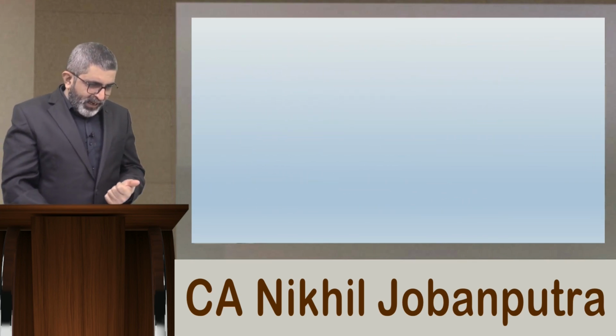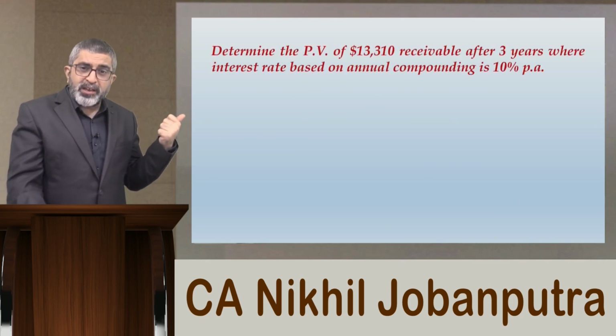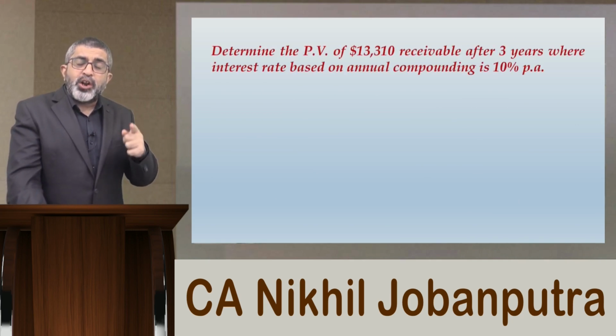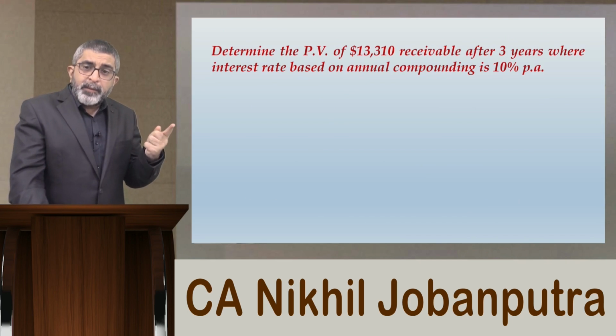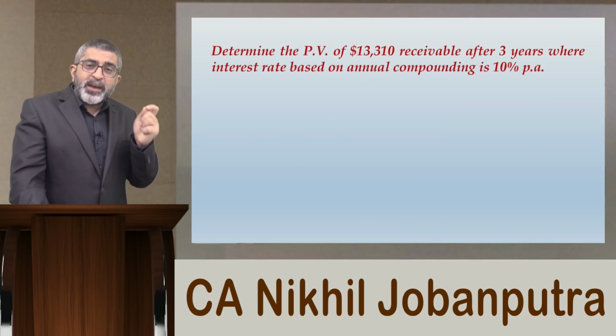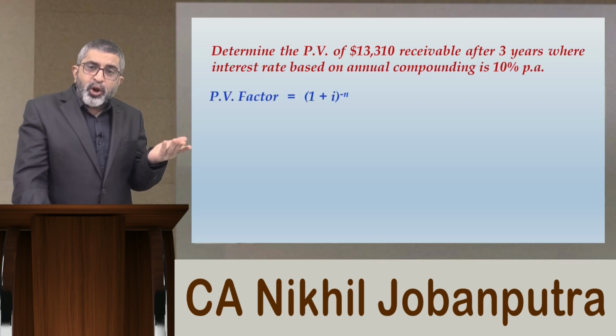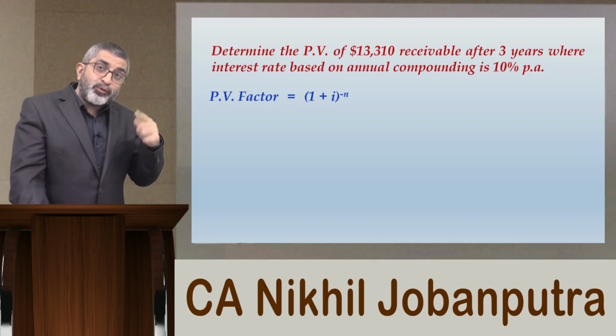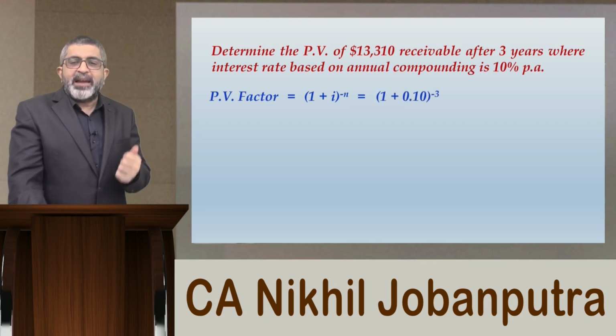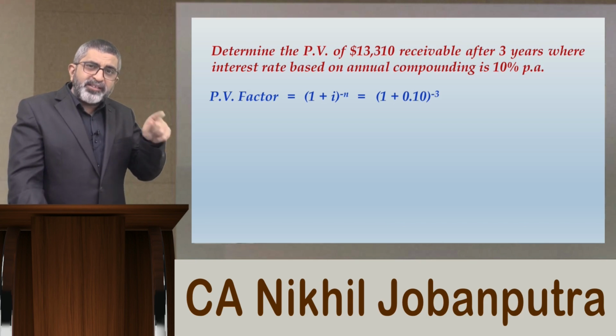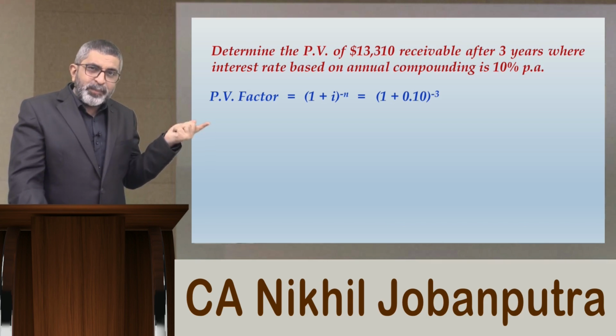And if you want to find that directly, let us go to that extended example. I would say over here, determine the present value of $13,310 receivable after 3 years, where interest rate based on annual compounding is 10% per annum. So the present value factor is always denoted by (1 plus I) raised to minus N, which in this example will be (1 plus 0.1) raised to minus 3.